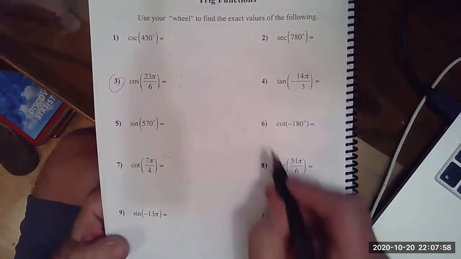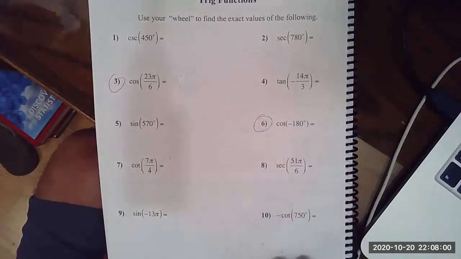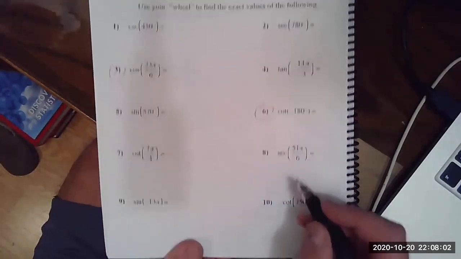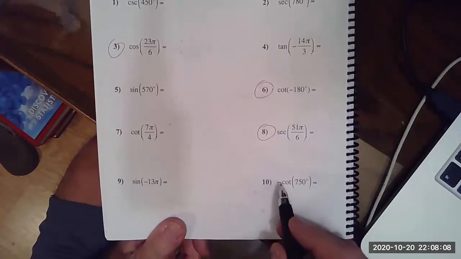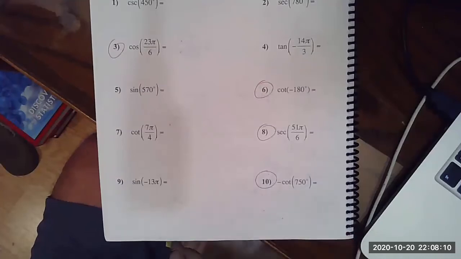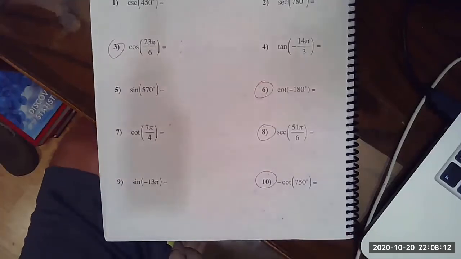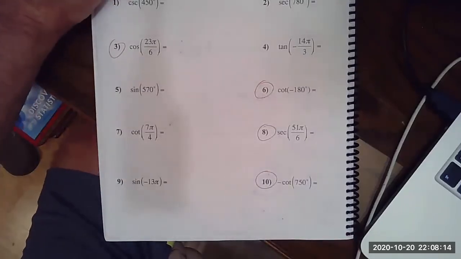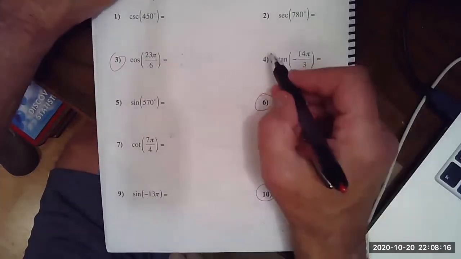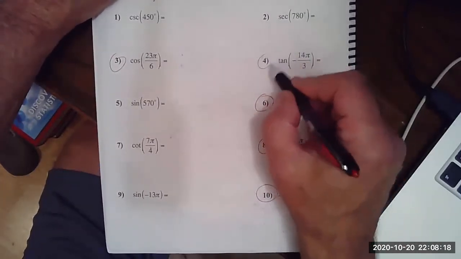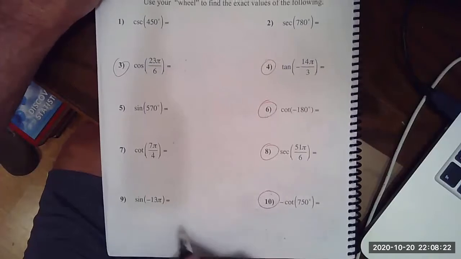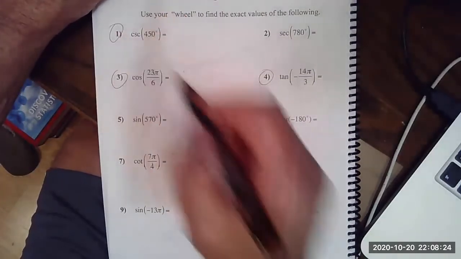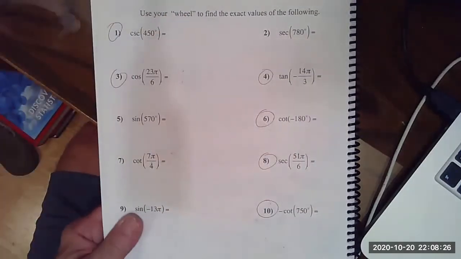I'll do a cotangent. I'll do a secant. I'll do a tangent. And a secant, cosecant. Okay, let's do that. So 1, 3, 4, 6, 8, and 10.